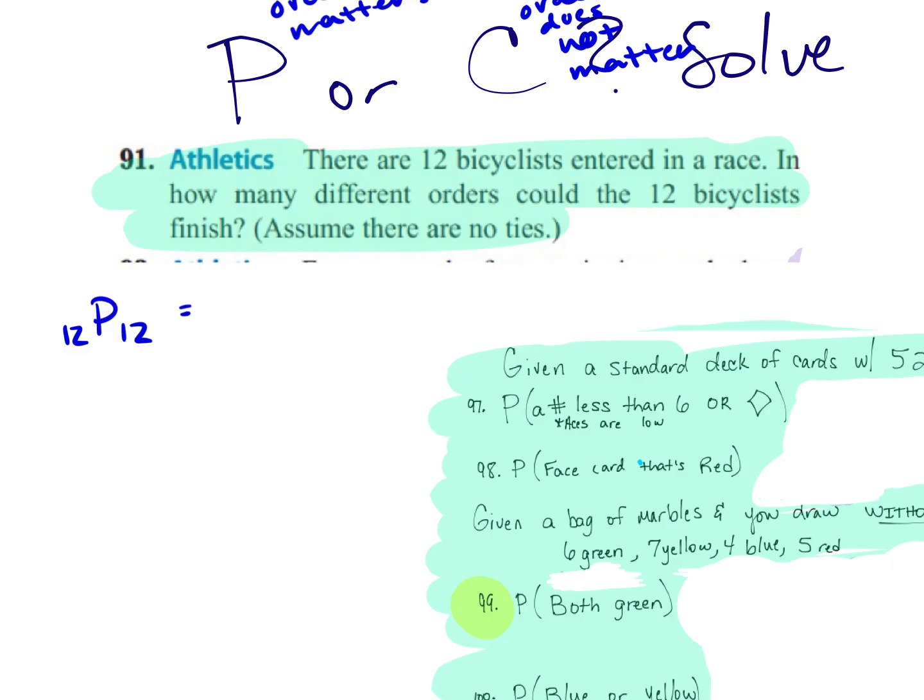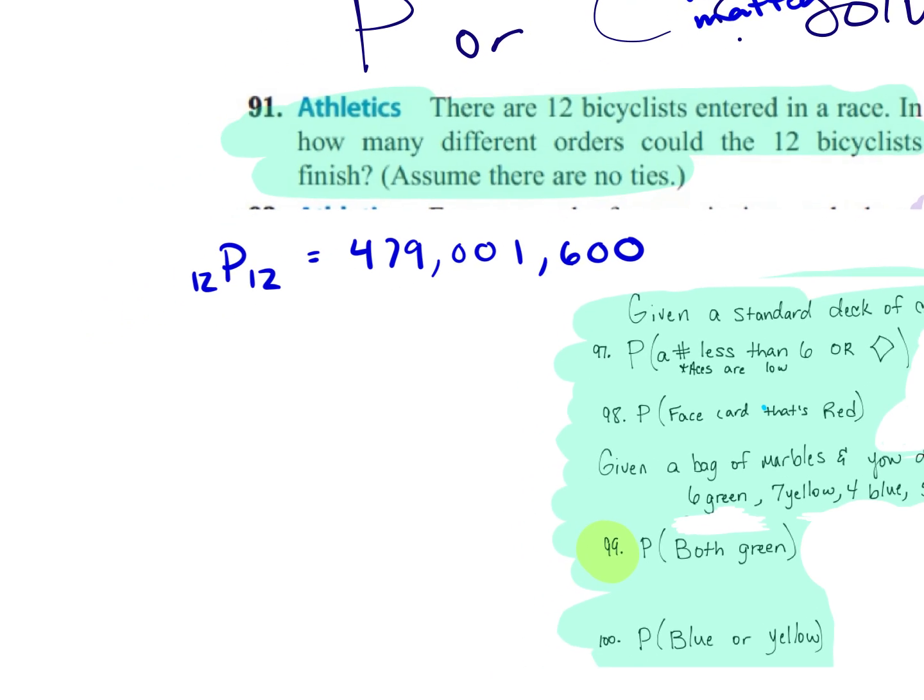You'd have to put 12 first, go to the p, and then 12. And then equals, you should get 479,001,600.